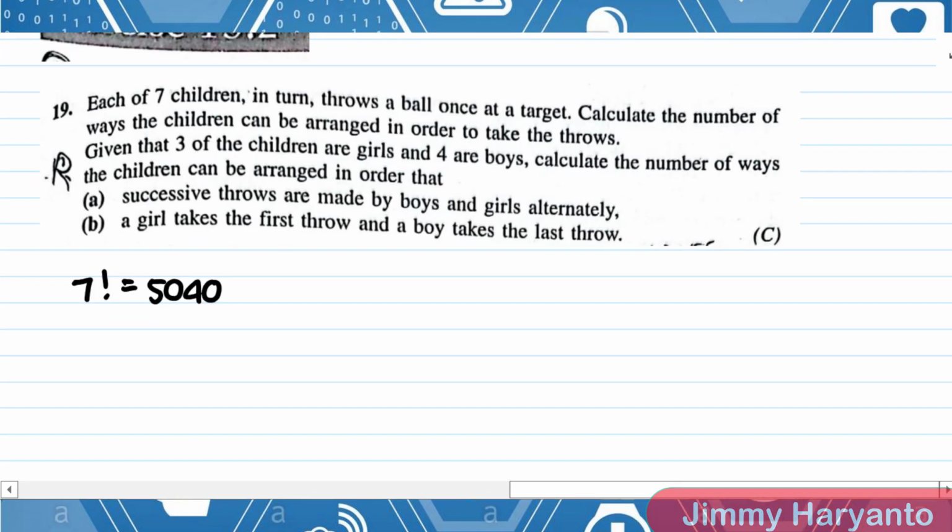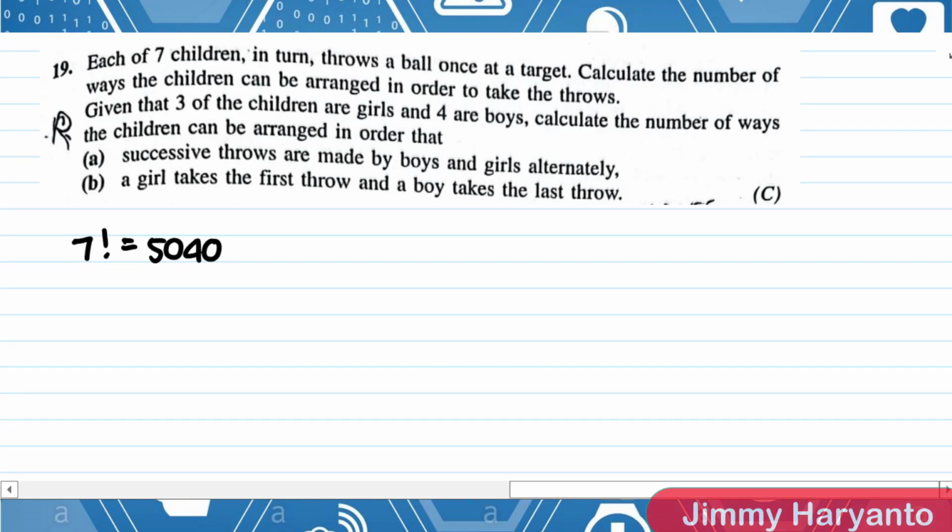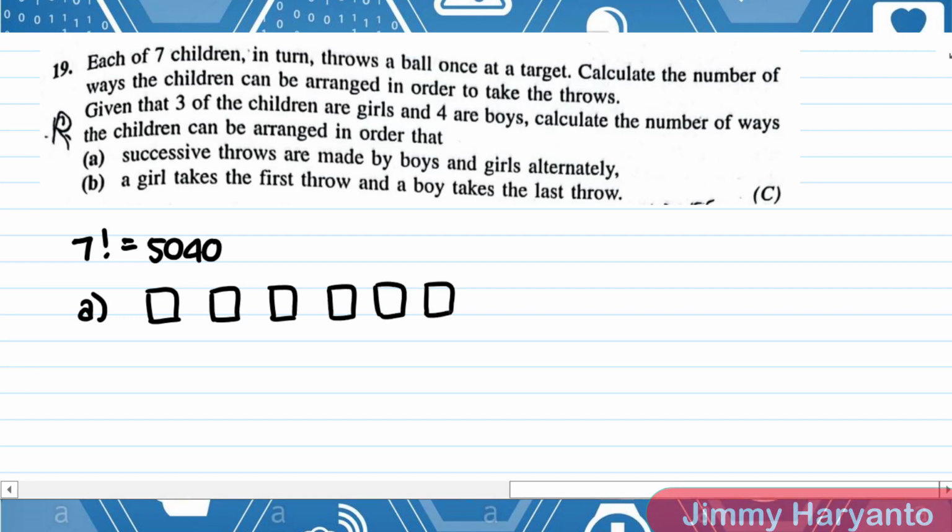Okay, next is given that 3 of the children are girls and 4 are boys. Calculate the number of ways the children can be arranged in order that successive throws are made by boys and girls alternately. Yeah, alternately, guys. So let's prepare 7 empty boxes: 1, 2, 3, 4, 5, 6, 7.